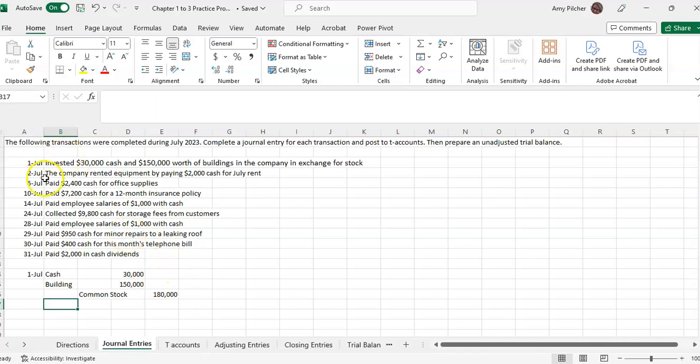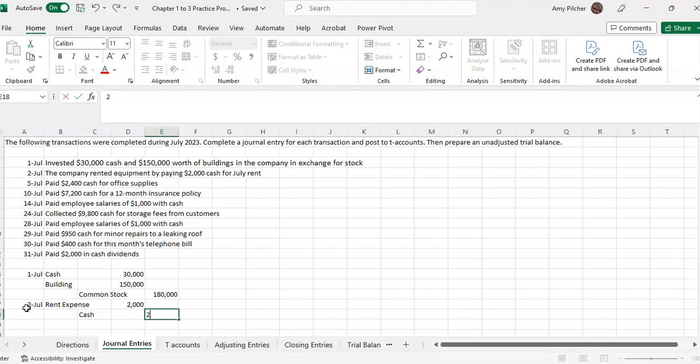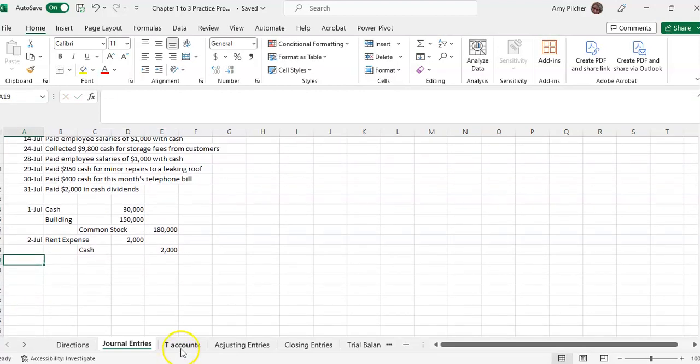The second journal entry, on July 2nd, we rented equipment by paying 2,000 cash for July rent. So July 2nd, we paid rent. So we have an expense that was recorded. The cost of it was $2,000, and we paid out 2,000 in cash. So we'll go to our T account.